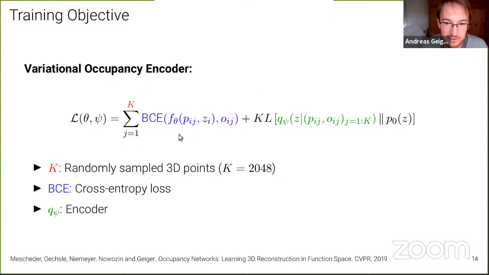This is the same as before, but in addition has this KL loss and an encoder q that encodes from a set of points, this is a set of predicted points p, o, the latent code c, and minimizes the KL divergence between this distribution and a standard Gaussian distribution. Right, so it's a classical standard formulation of variational autoencoders. And in that way, we can use our model also for generating novel shapes, as you will see in a second.